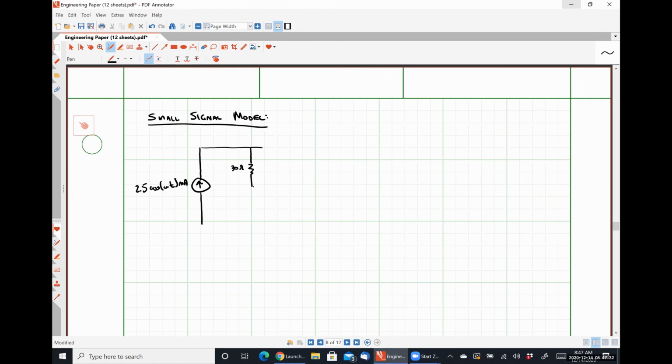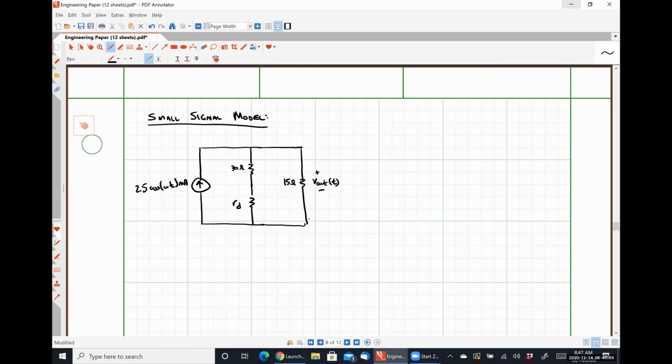Here's our 30 ohm resistor. Here is the dynamic resistance RD of the diode. And then here is the 15 ohm resistor. Here is little V out as a function of time.